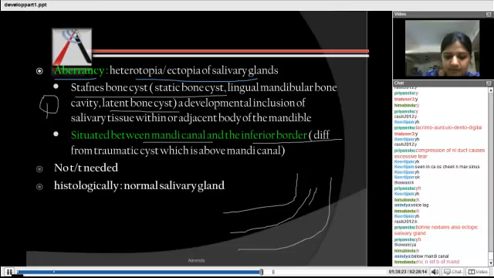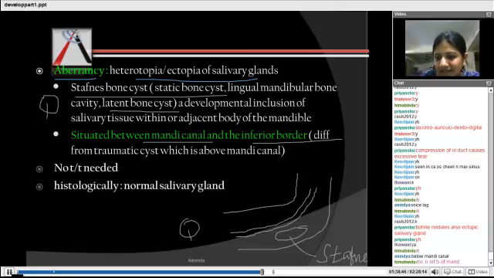This will be your mandible. Here runs your mandibular canal, where you have the inferior alveolar nerve passing through, right? Now, this is situated between the mandibular canal and the inferior border of the mandible. So this is your Stafne's bone cyst. It's below the mandibular canal, which is a very important MCQ.